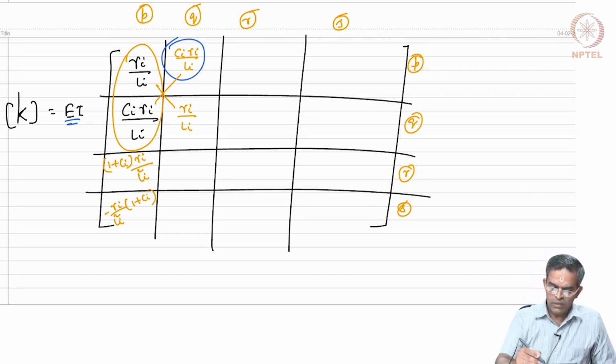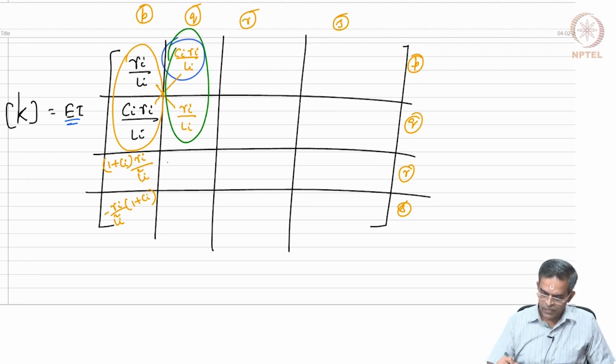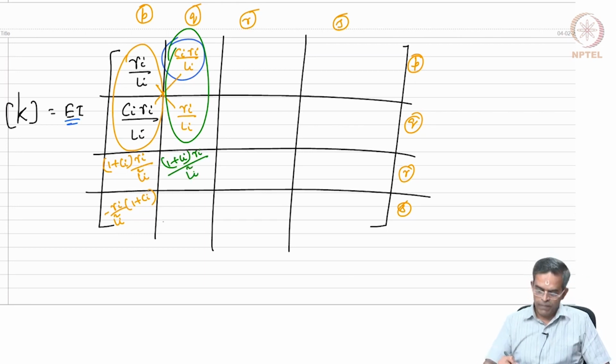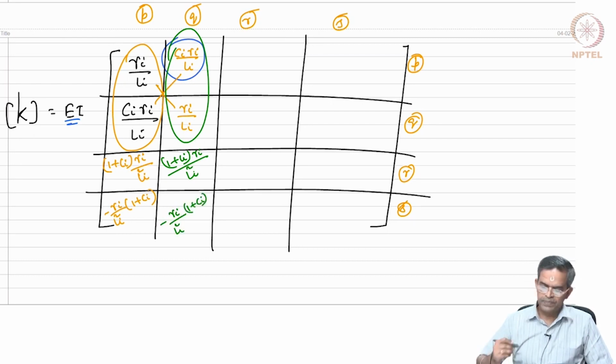So, once we do this, sum of these two will be here by L. So, that is 1 plus Ci of Ri by Li square, then minus of this Ri by Li square 1 plus Ci.